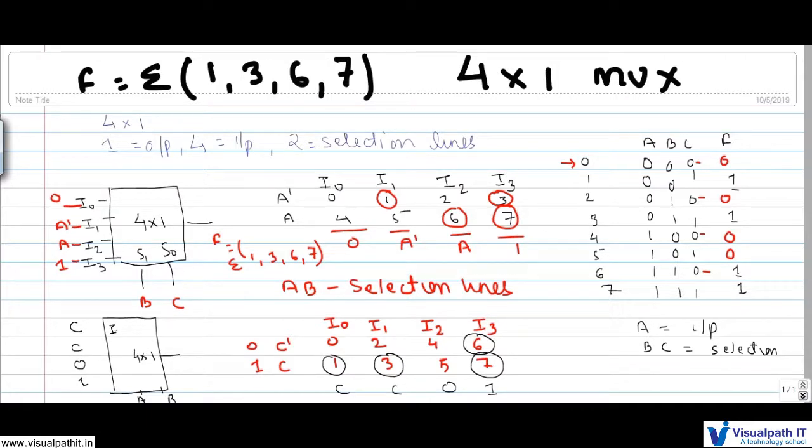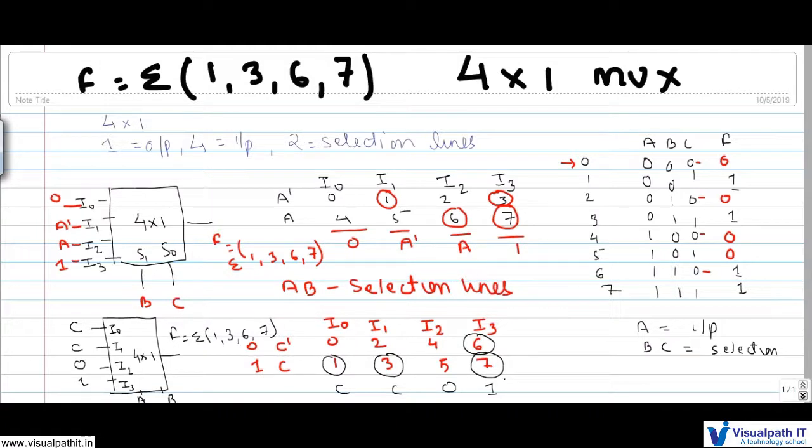These will be in I0, I1, I2, I3. So this is the concept of how I used C in the input and A in the input by using this multiplexer, right? Now this will also produce the function 1, 3, 6, 7, right?